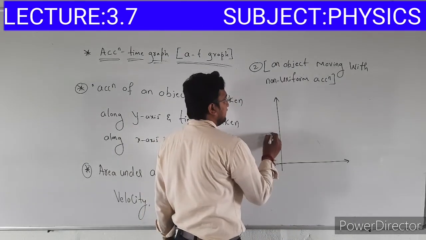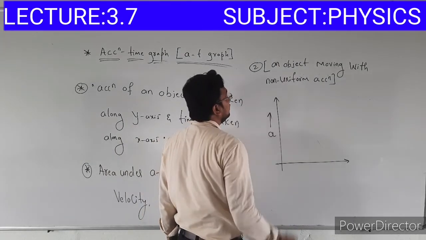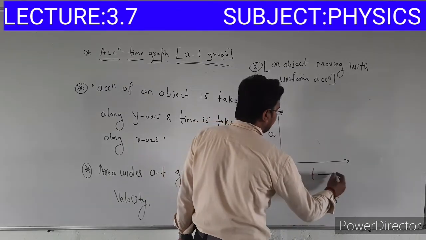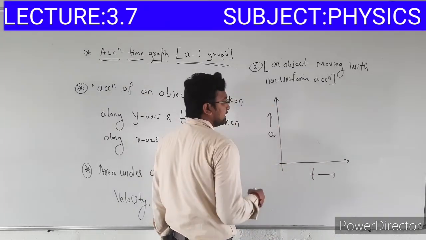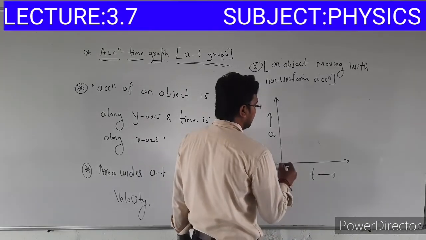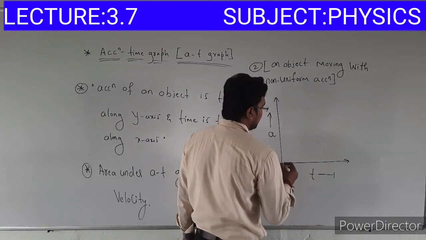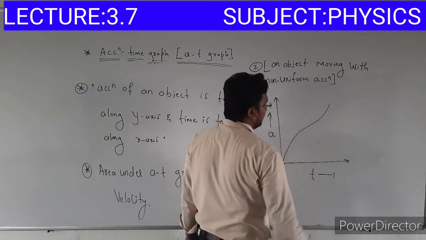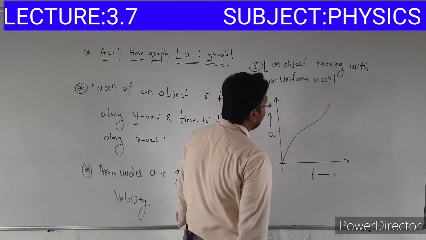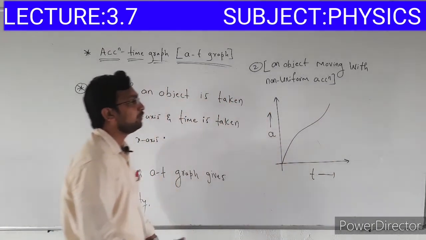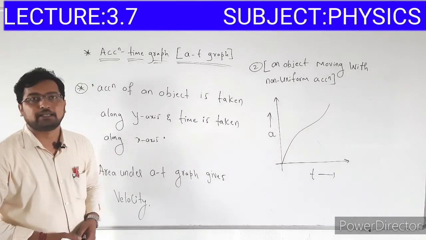In this case we are going to draw the acceleration time graph. Acceleration is along the y-axis, time is along the x-axis. Then the graph may be like this. So this is an object moving with a non-uniform acceleration.